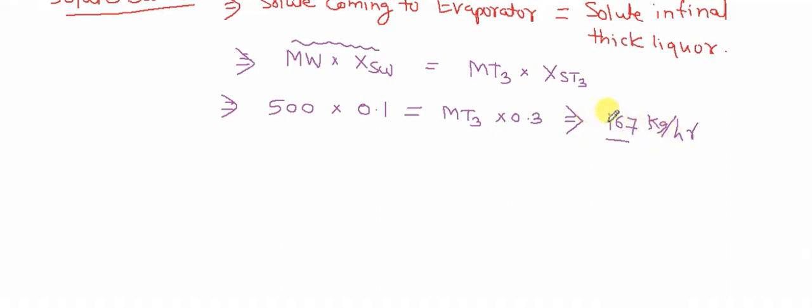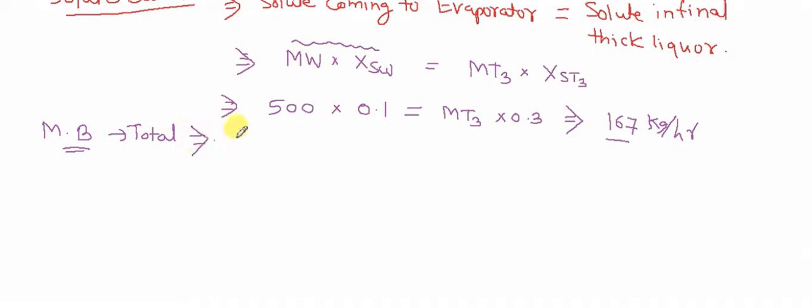Okay. So when we know that the final thick liquor is 167, then you can find out how much total water is evaporated. Last time we decided this total mass balance equation, we have studied that.